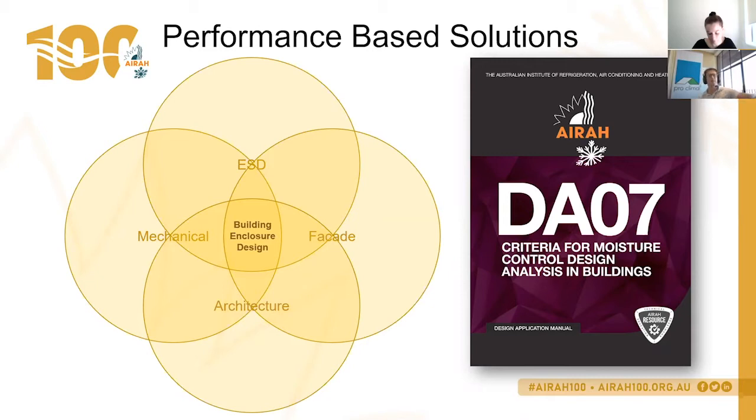So we need to also look at the roof systems and not trapping moisture in the roof systems, and then all the details between the roof systems and the walls, so the junctions like at parapet cappings and things like that. So bringing all this together, you essentially have building enclosure design. And building enclosure design brings all those disciplines together to deliver what I'm talking about: healthy, energy efficient, durable buildings. And that is exactly what DA07 does.